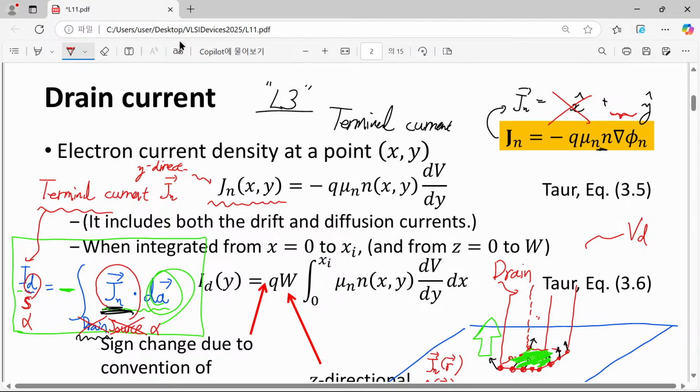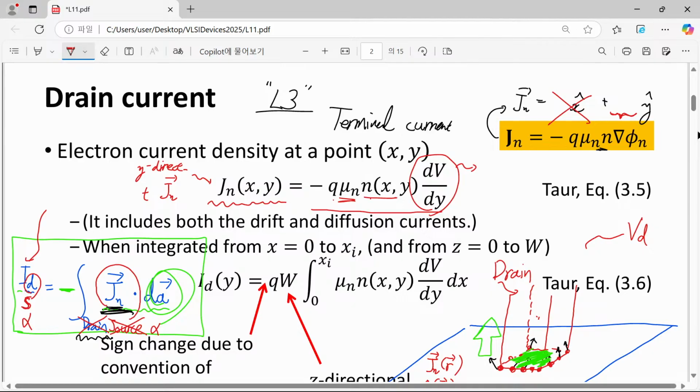You must understand this assumption. Then here you have quite a simple expression: q, mu, n. This is mobility and this is electron density. It's okay. And what is this? This is nothing but the y directional component of the gradient of the electron quasi-Fermi potential.